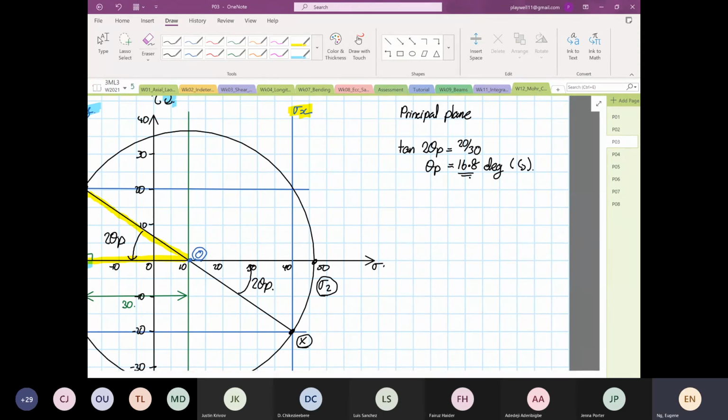So now we are going to draw our element that's rotated by 16.8 degrees. Initially this is our zero, our axis transformation.